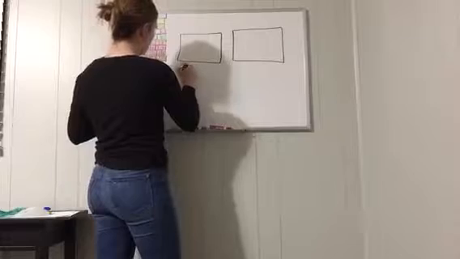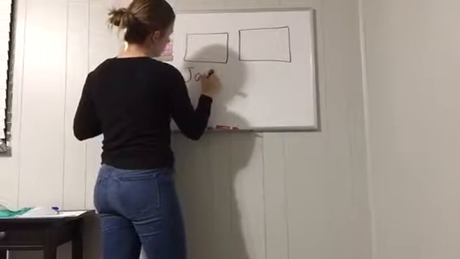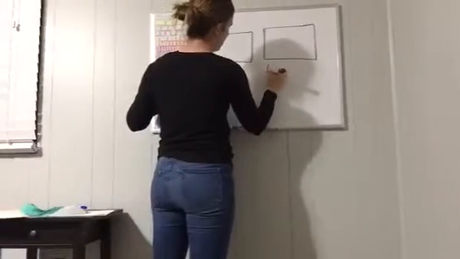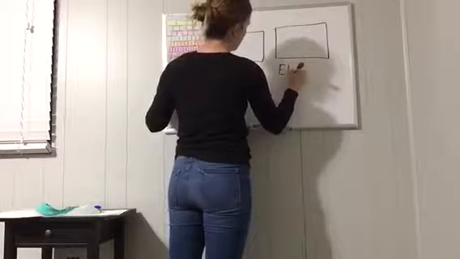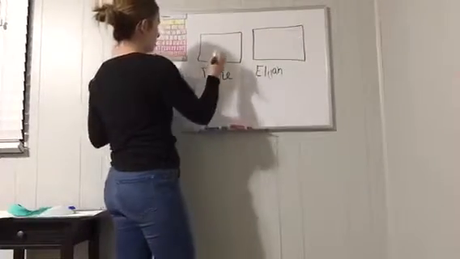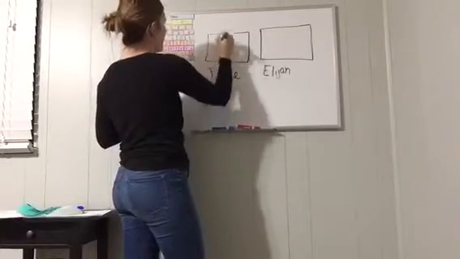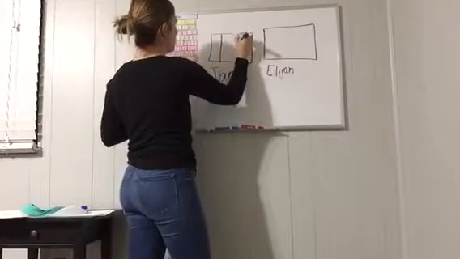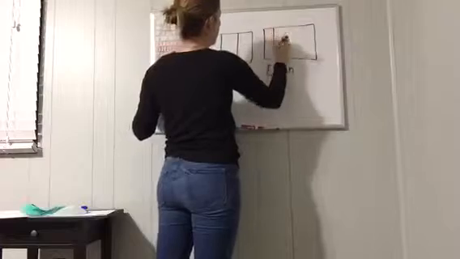And since there's different pieces for each cookie, it might be a little bit more difficult for students to look at. So Jane ate 1/3 and Elijah ate 2/6.